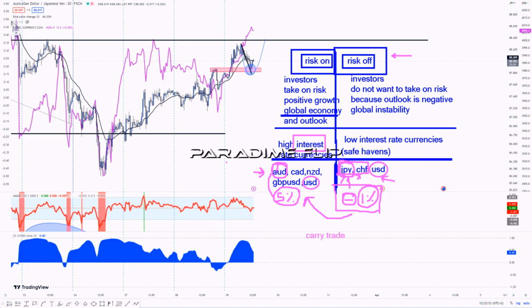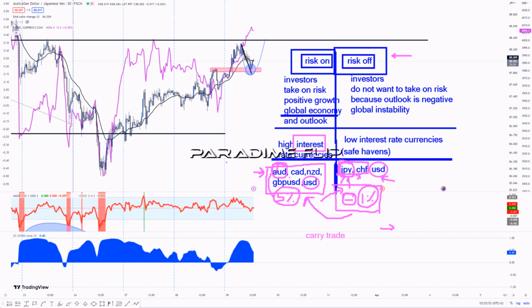So in a risk-off environment, people tend to rotate out of these currencies and put their money in safe havens. That's because these currencies already have a negative interest rate and their money will be safe there. Because they have a negative interest rate, the interest rate is less likely to drop.